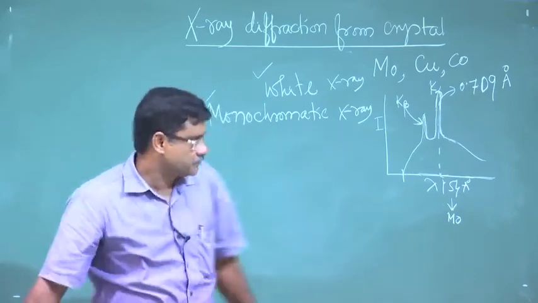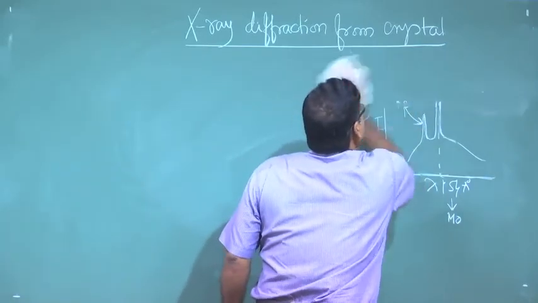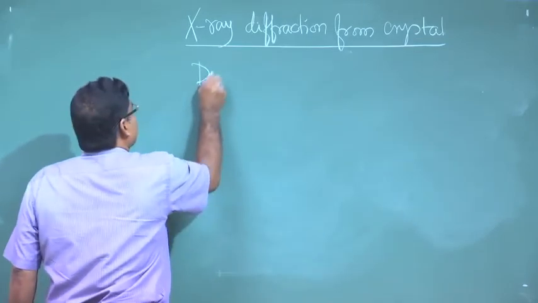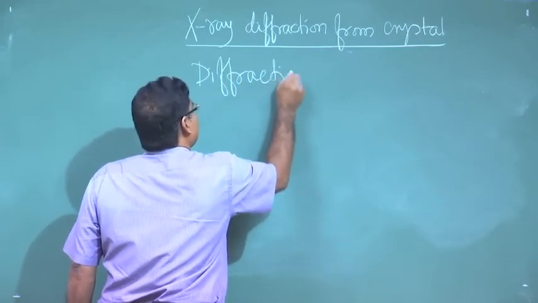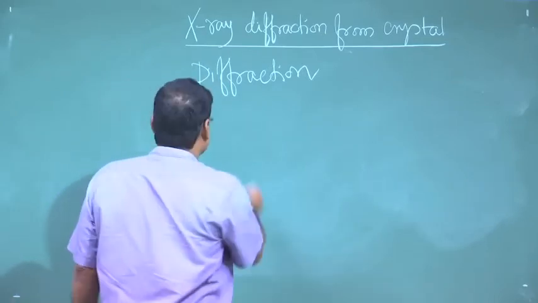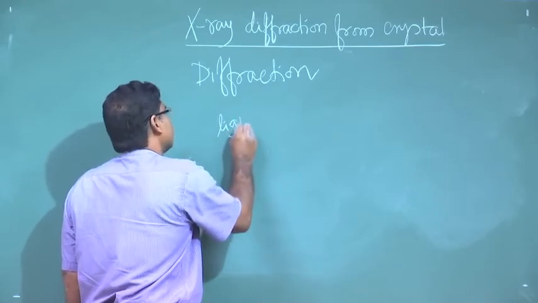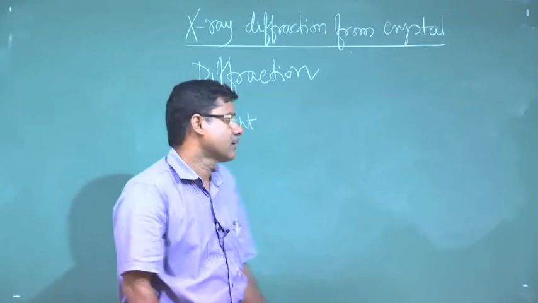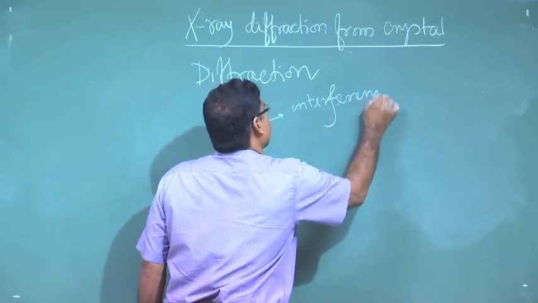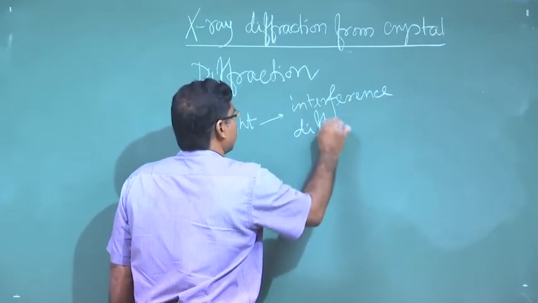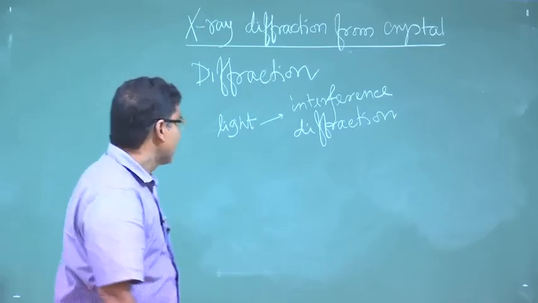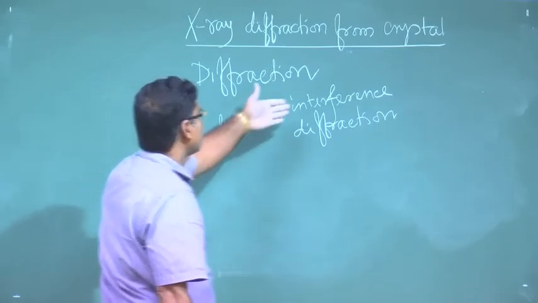Okay. So, then diffraction. You are also familiar with diffraction. Light is an electromagnetic wave, it is a wave, so it shows interference and diffraction, right. So, what is interference?